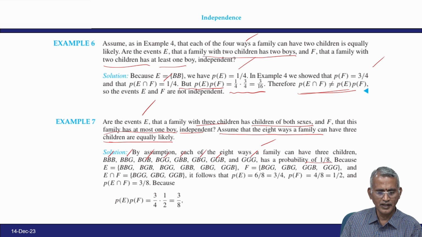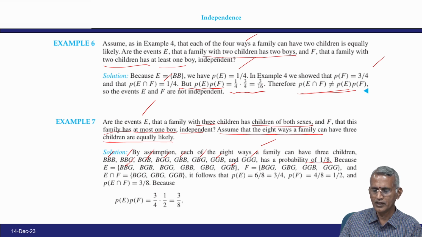Here E is BBG, BGB, BGG, GBB, GBG, GGB, and F is has at most 1 boy.